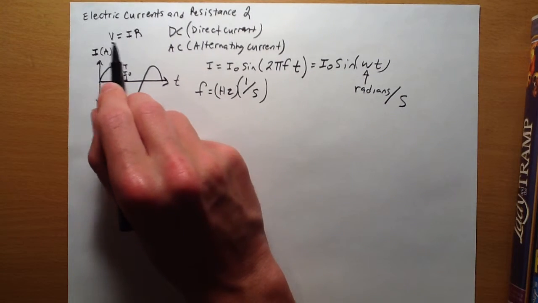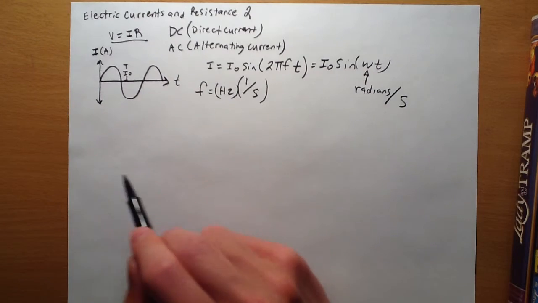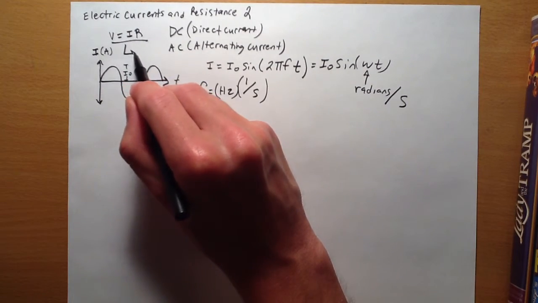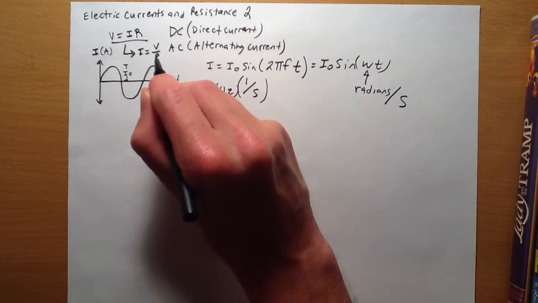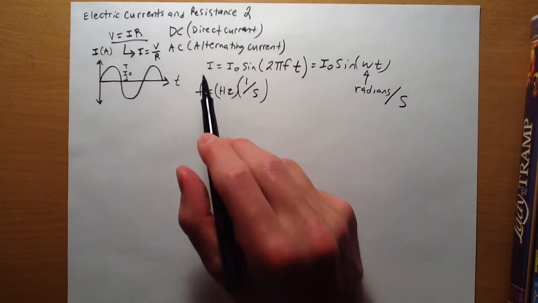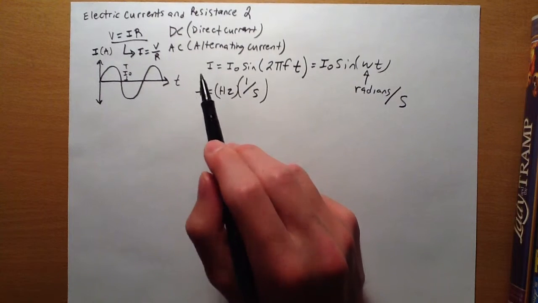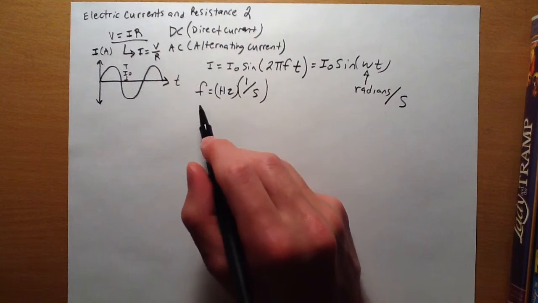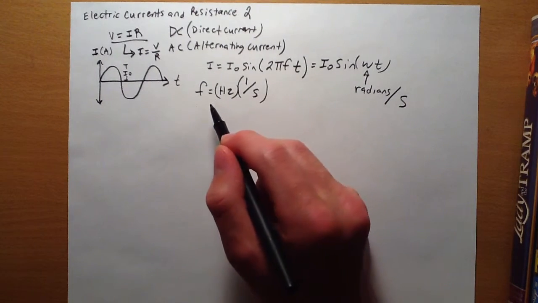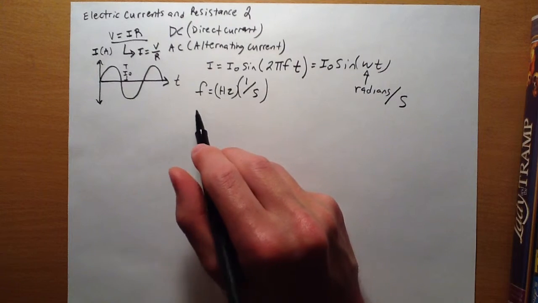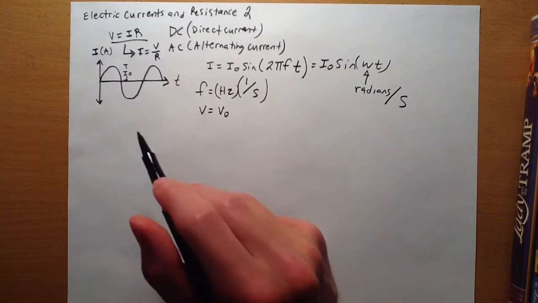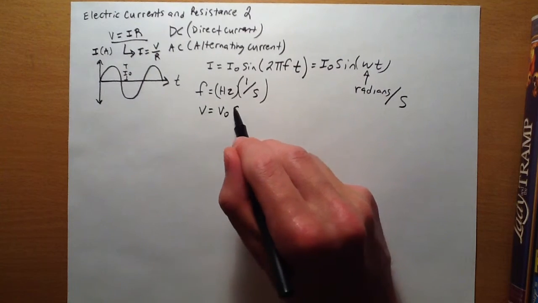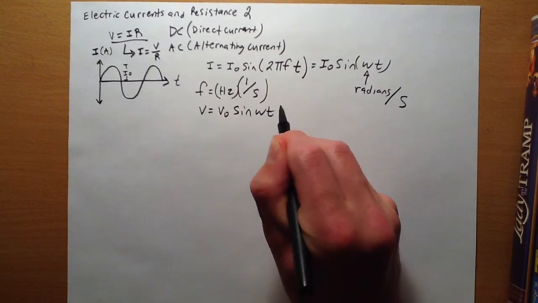Now, we know Ohm's law, voltage equals current times resistance. So let's change Ohm's law, and we'll make it current equals voltage over resistance. So let's rewrite this equation with voltage, because voltage also changes as a function of time. So voltage equals peak voltage, which is the amplitude, times sine omega t.